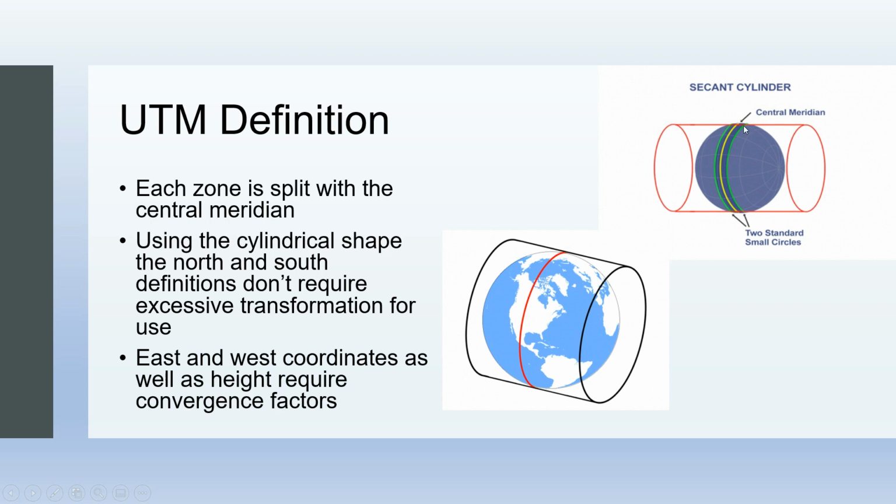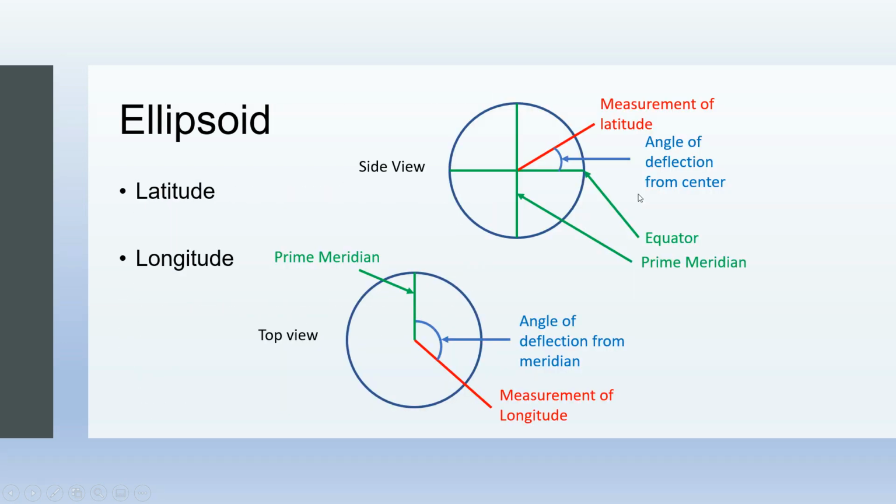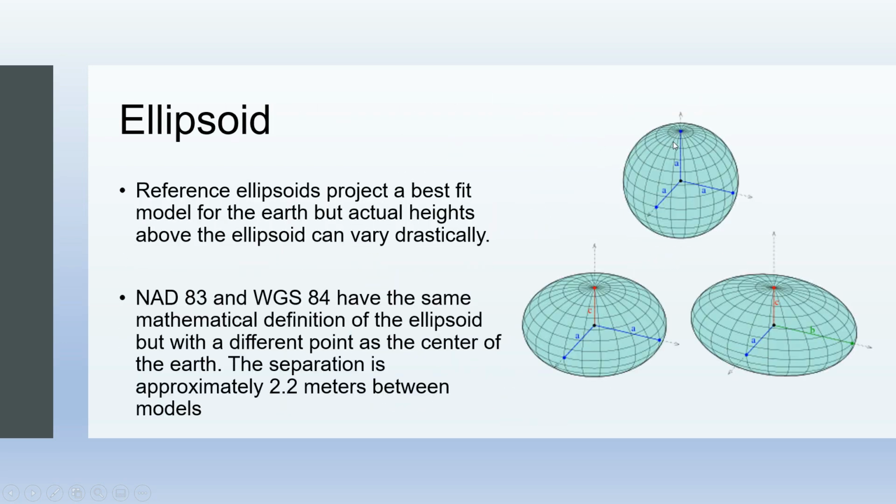When you do it like this, there wouldn't be a convergence factor for changing your latitude, but there will be a convergence factor for changing your longitude, because your lines of longitude converge at the poles, right?